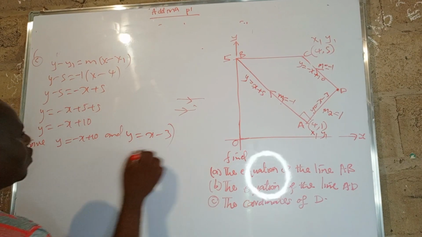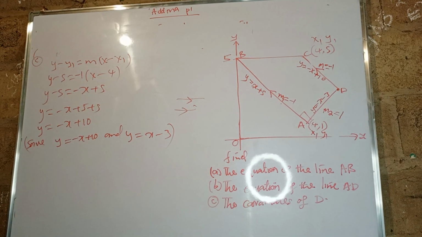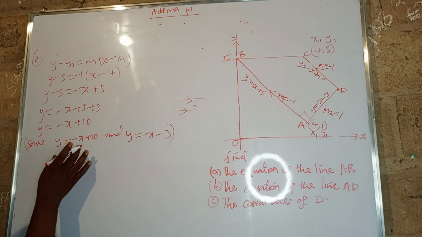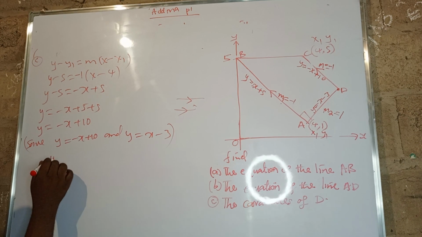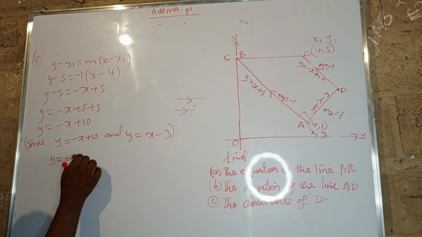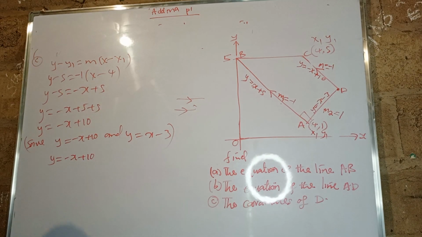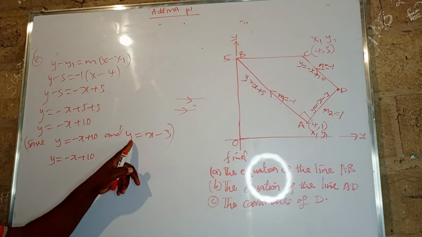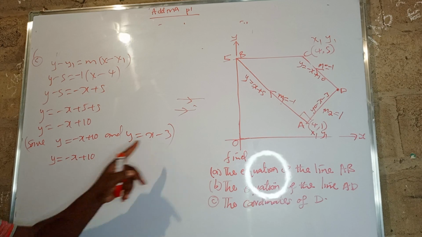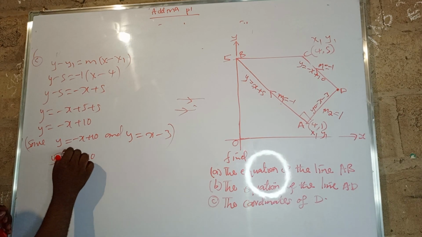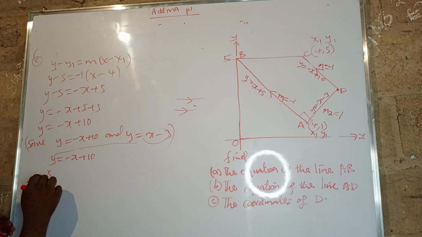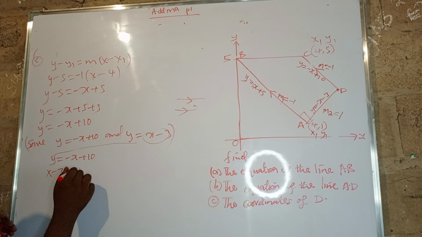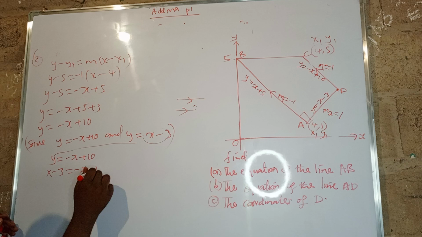I'll use the substitution method. Where there's y, I'm going to put this value. So it will be x minus 3 is equal to negative x plus 10.